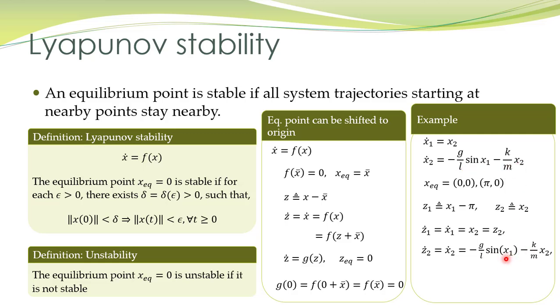We can rewrite this right hand side in new state variables, and that equation is given over here, and you can verify that for this system, this equilibrium point which was at this location is transformed to origin in new state variables.